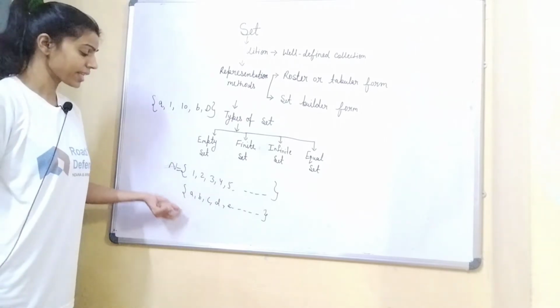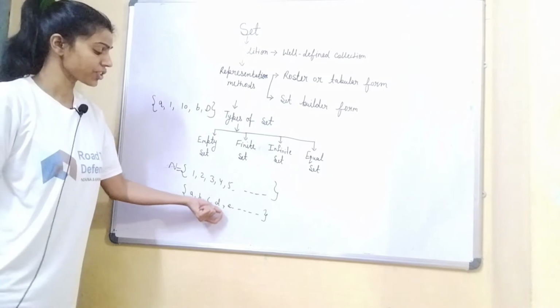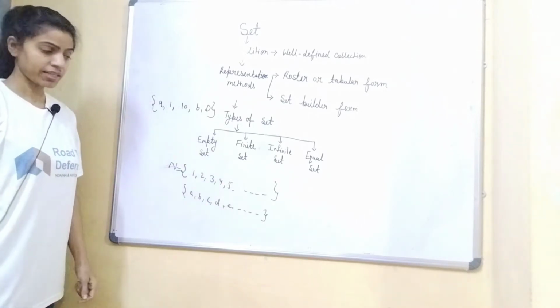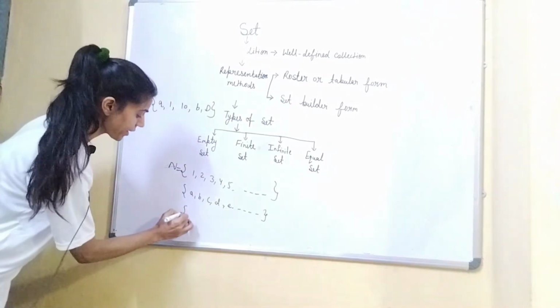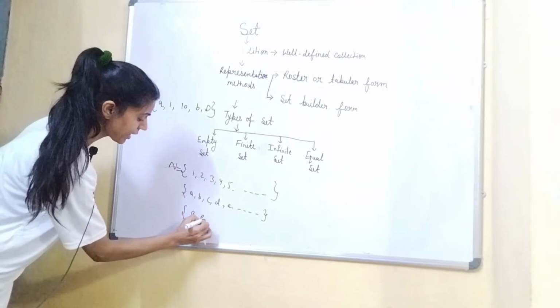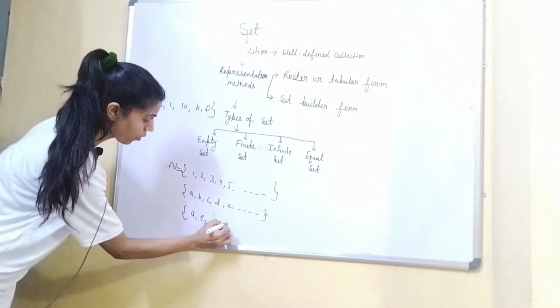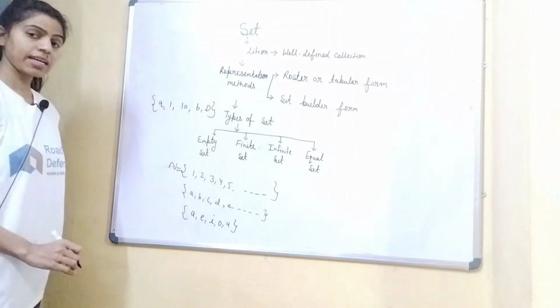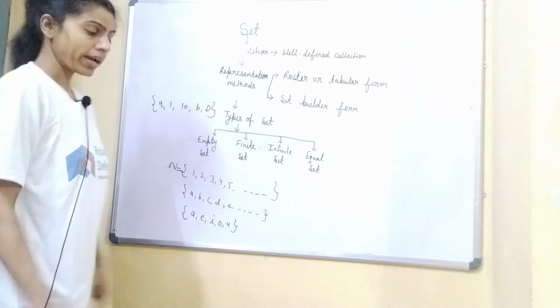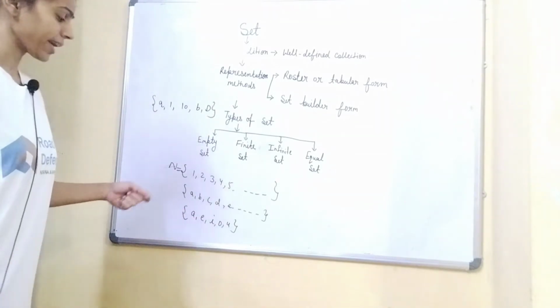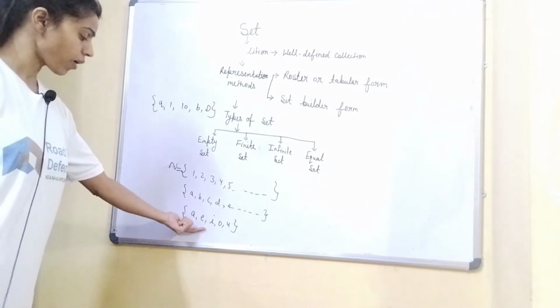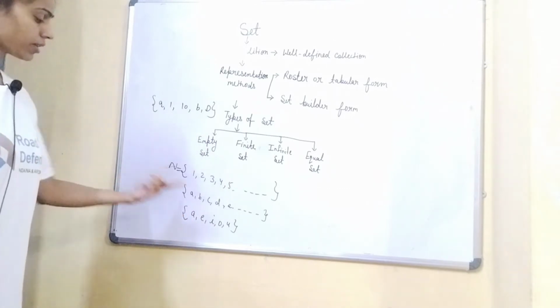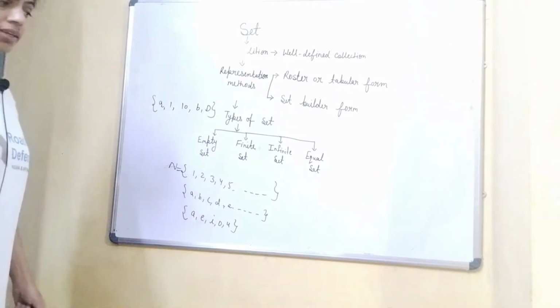Because I can say that this set is a collection of small letter alphabets. If I am writing here A, E, I, O, U, this is again a set, because this is well defined. Why is this well defined? Because I can say that this is a set of vowels, right?